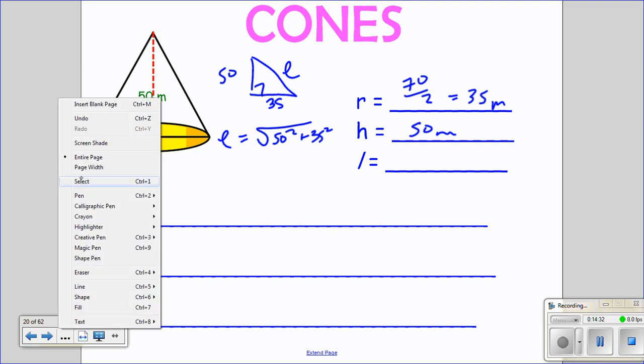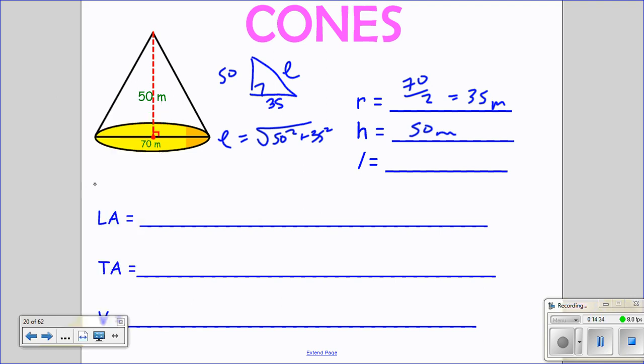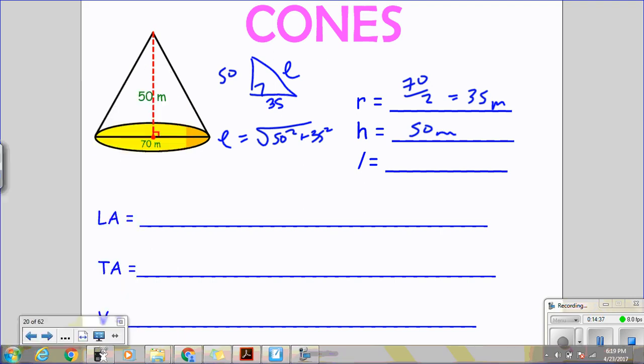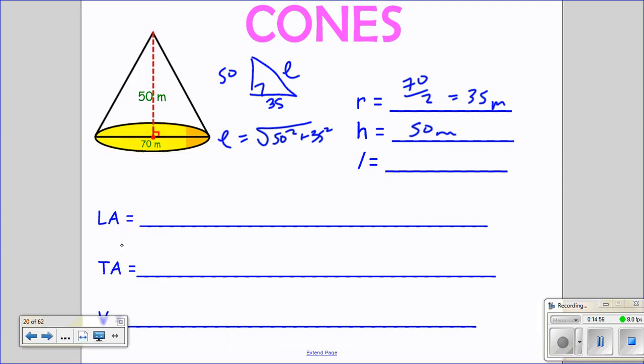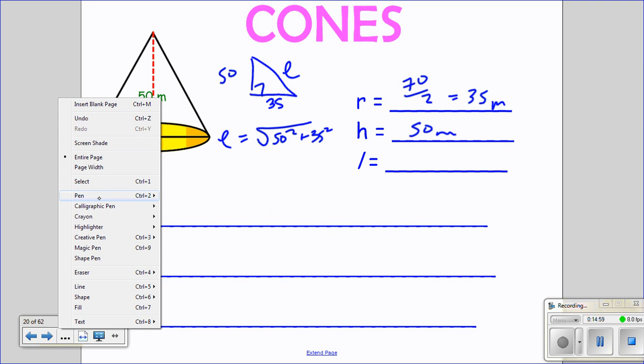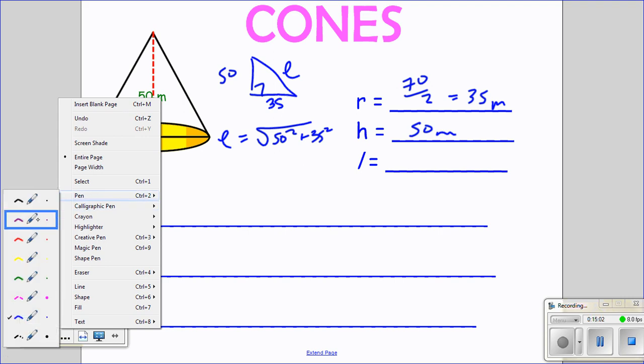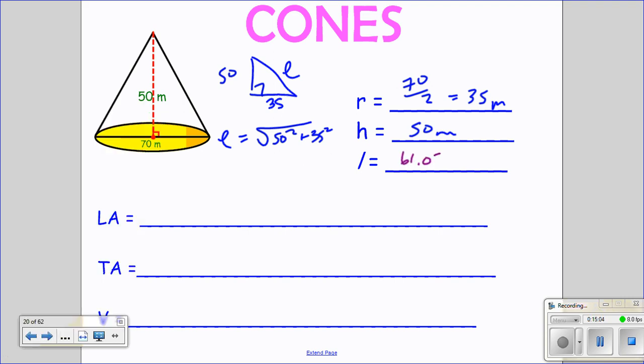Let's grab our calculator. And it's roughly 61.03 meters.